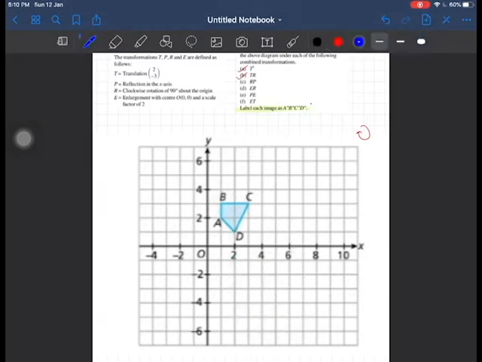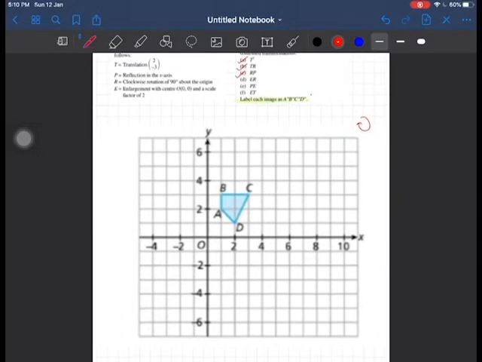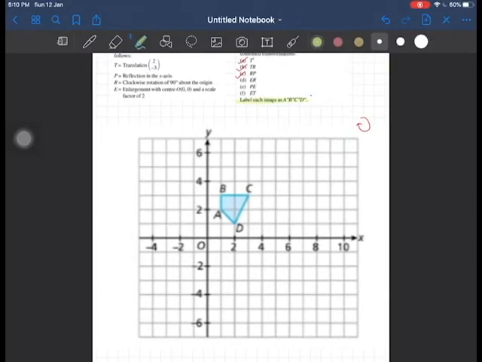Okay. Next one, we'll do RP. What's RP? P is reflection in the x-axis. This is the x-axis, so the reflection is this. Right?